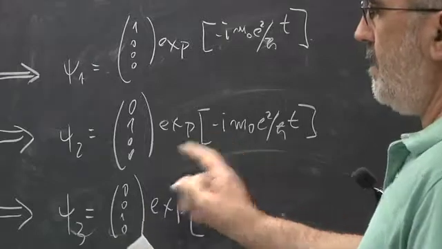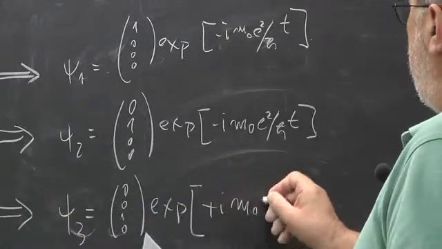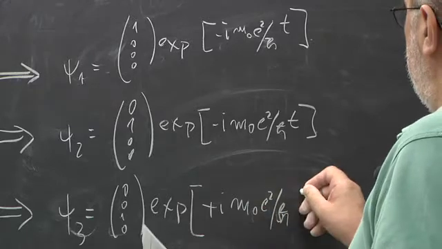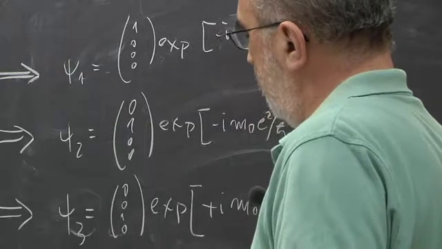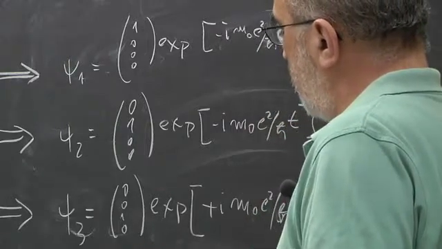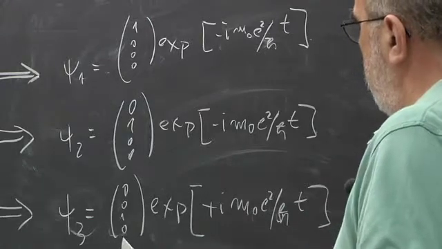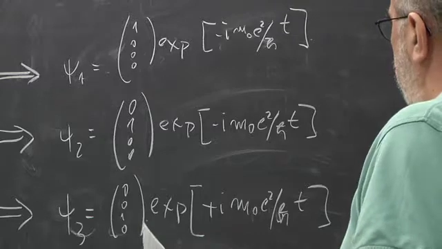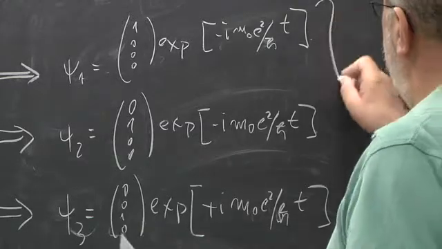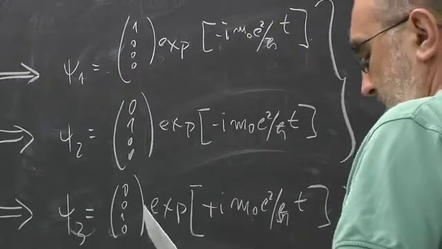Now it changed sign because I have a minus, so I have plus i m0 c² over ħ t, and ψ4 is equal (0, 0, 0, 1) times exponential of i m0 c² over ħ times t. So you see, 2 with the minus and 2 with the plus.